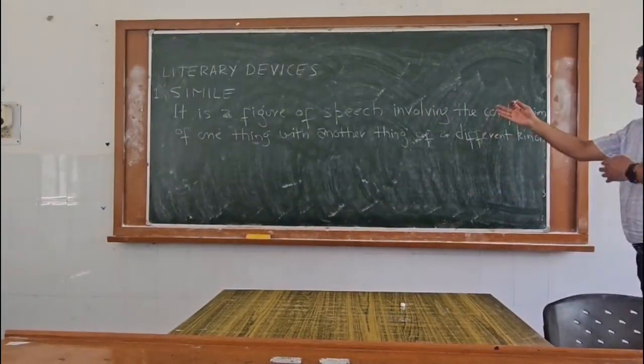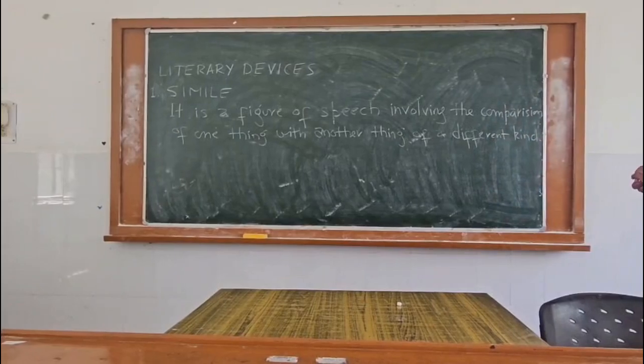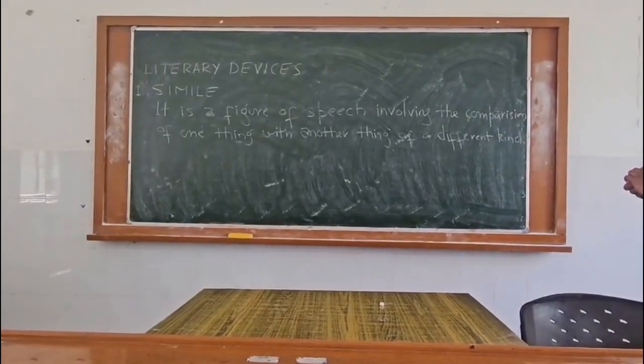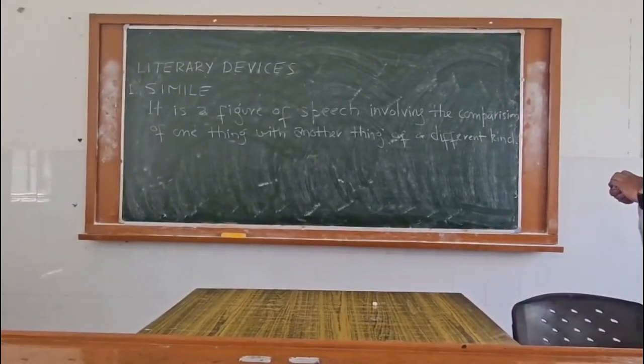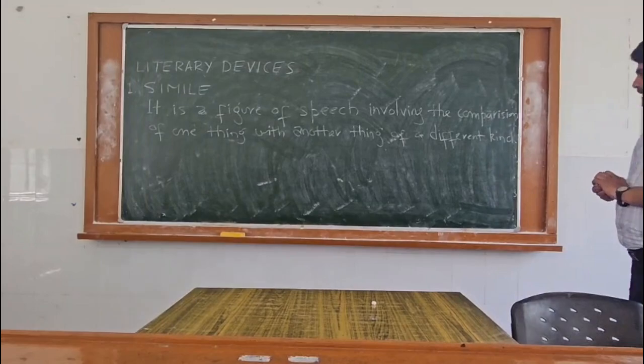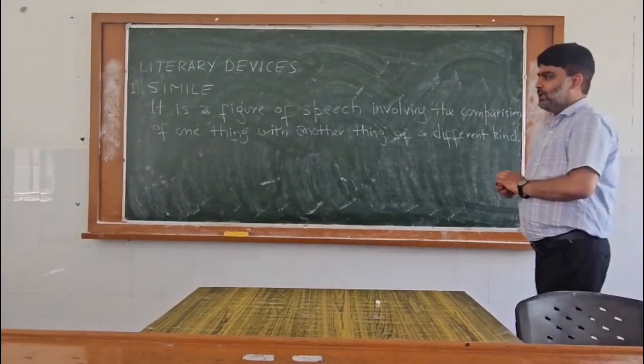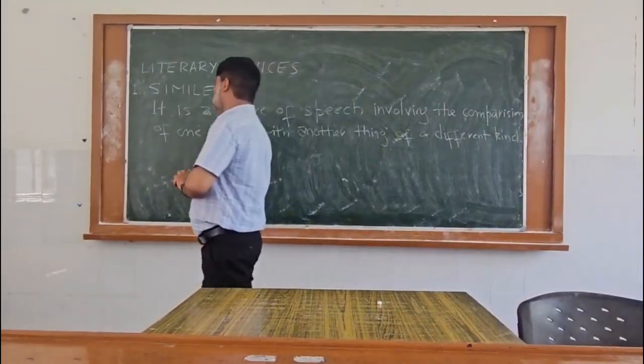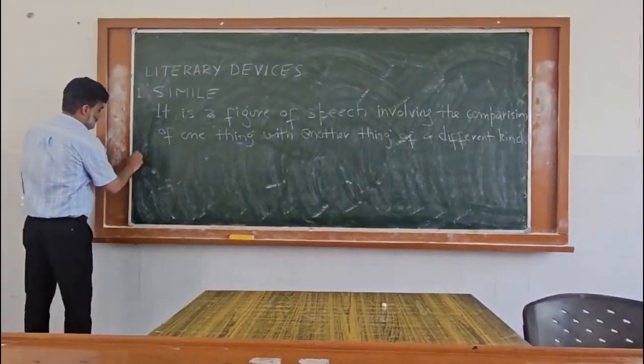Okay, you may have a look at it. It is a figure of speech involving the comparison of one thing with another thing of a different kind. Let's try to understand it with the help of a few examples.